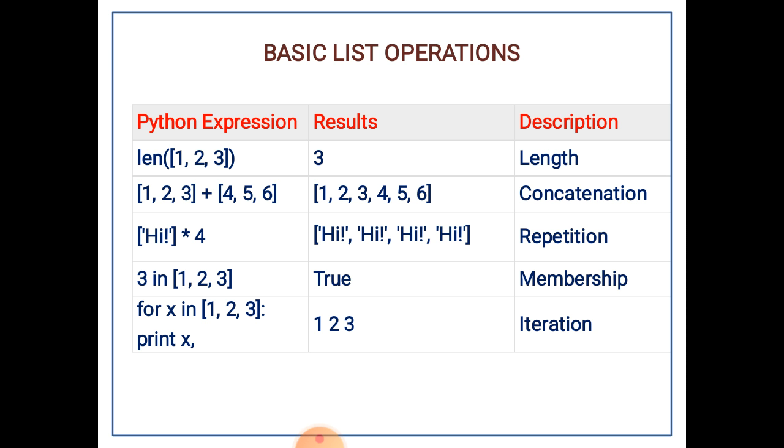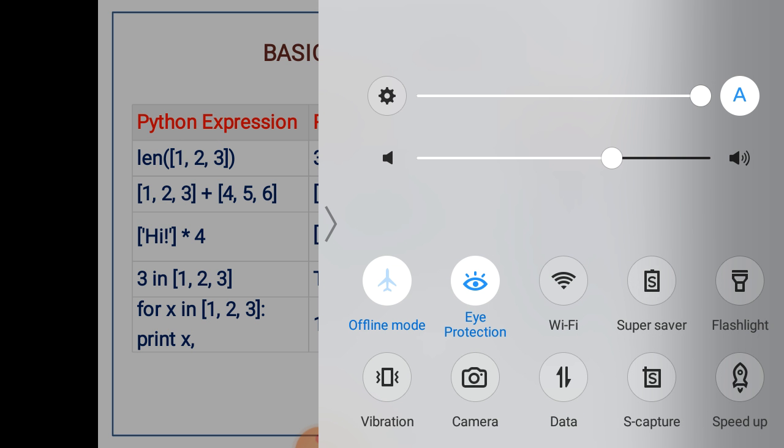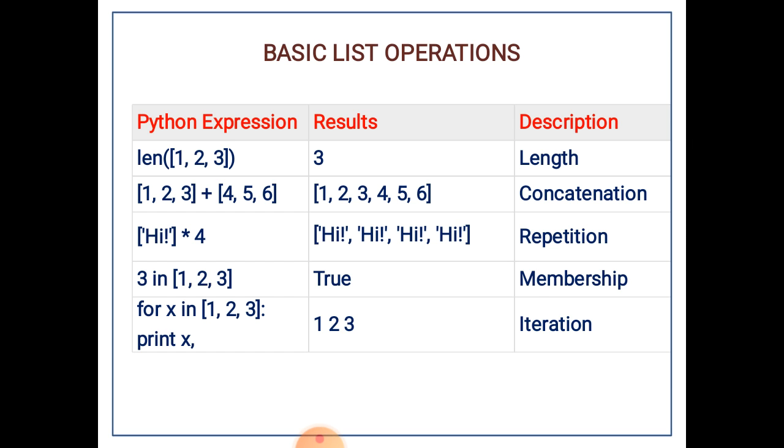Length of the list indicates the number of elements in that list. So there you can see the answer as 3, which indicates that there are 3 elements in the list.